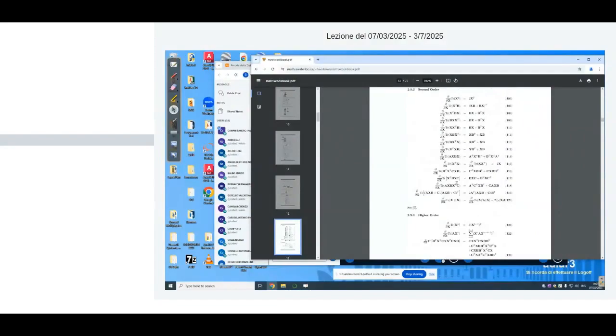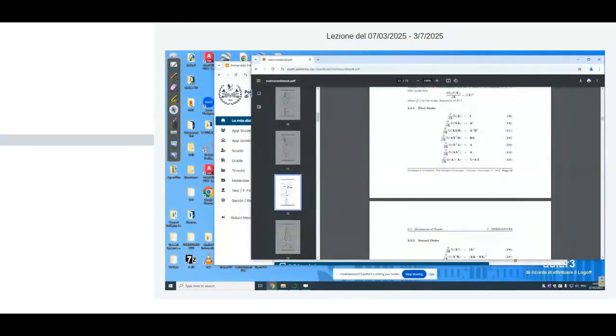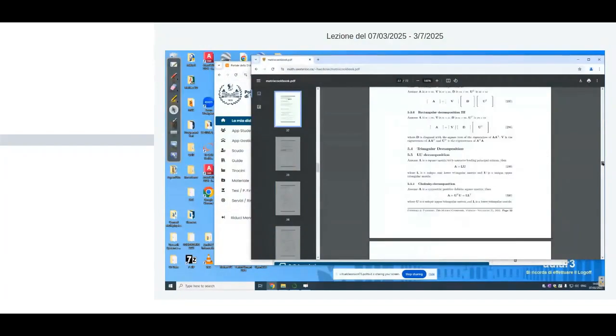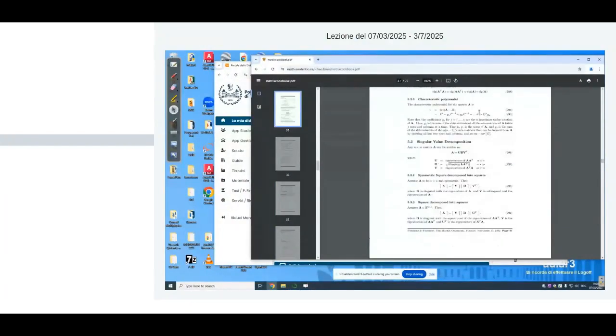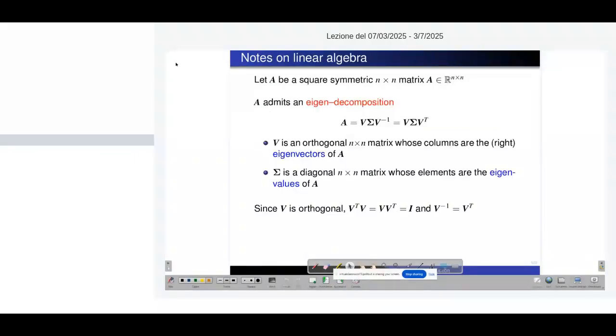It's a reference if you need to recover some of the results that we use. It doesn't give you proofs, so it's mainly a collection of results, but it's there as a reference. Now we will mainly use a very limited subset of these, but just in case, that's a good reference should you ever want lots of properties of matrices in a single place. You can find them there.